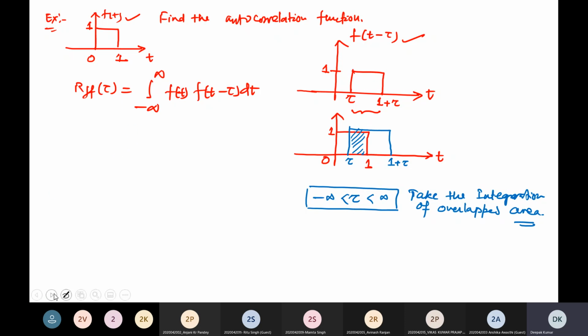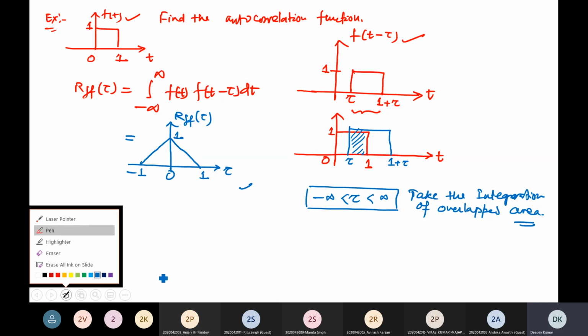And if you calculate, you will see it is like convolution itself: for two rectangular functions, it gives a triangular pulse. Two rectangular pulses will give you a kind of triangular result. This will be Rf of tau, from minus 1 to plus 1. Try to simplify and plot. If you plot the graph of Rf of tau, you will see a graph like this.